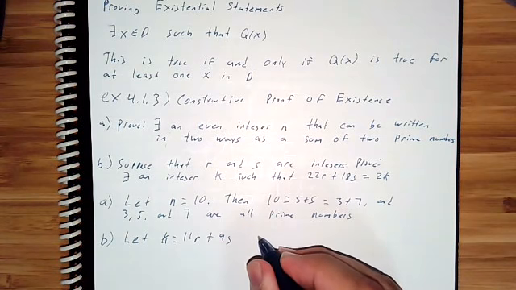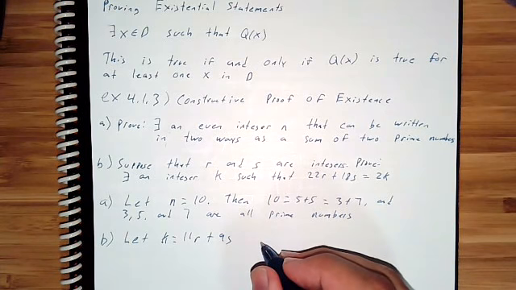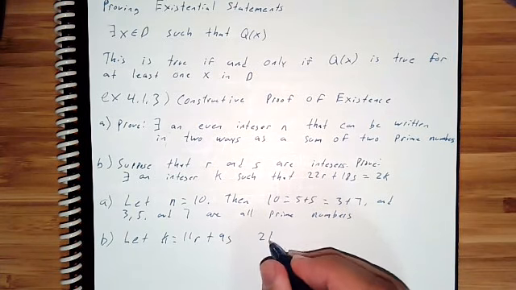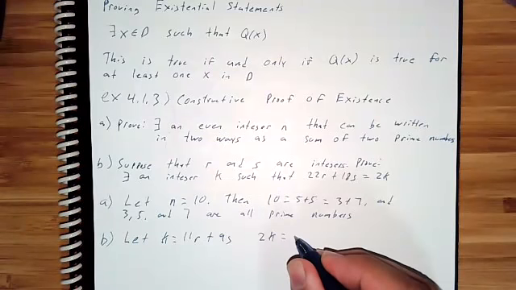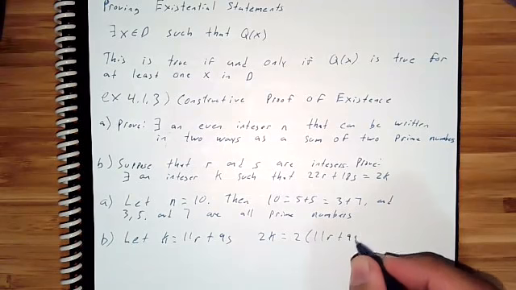So you agree that technically 2k would be equal to 2 times (11r plus 9s), right?